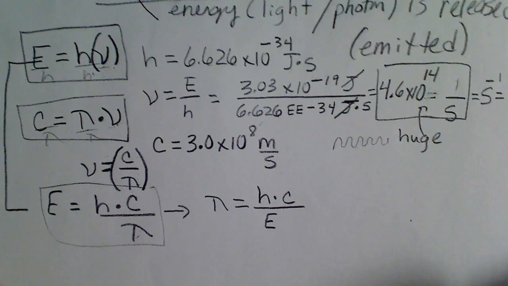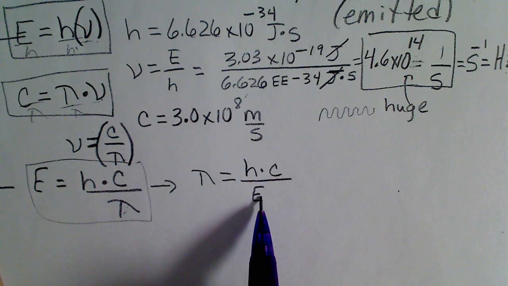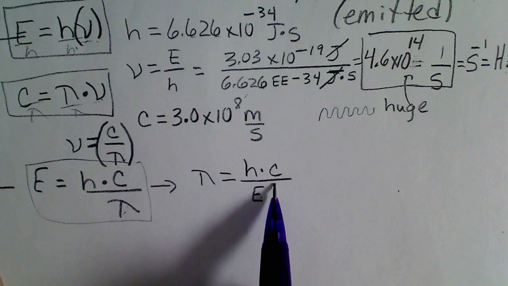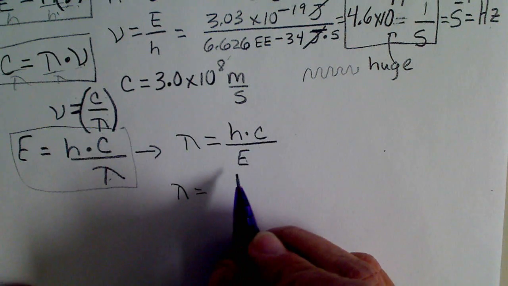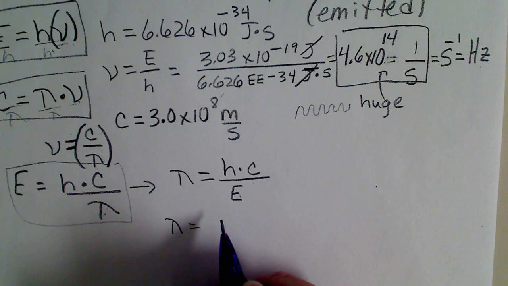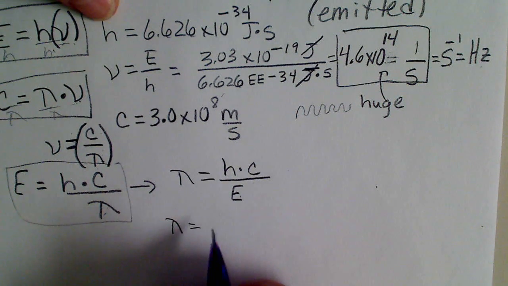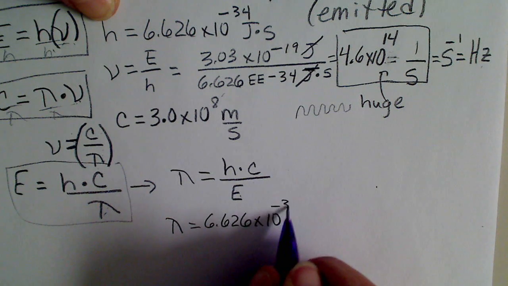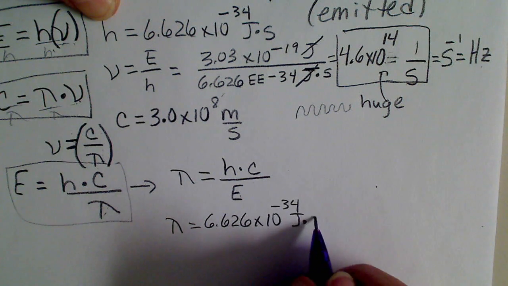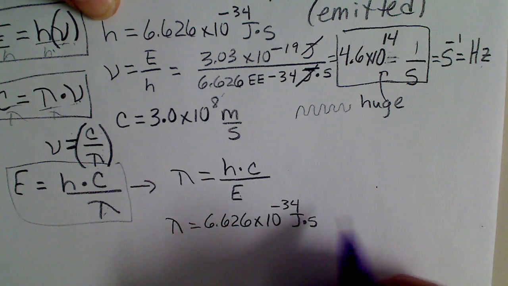So either way will work, but it's most common to know the energy and to calculate the wavelength. So let's do that. H is Planck's constant, so I gave that to us up here. 6.626 times 10 to the negative 34. A joule times a second will be our unit.